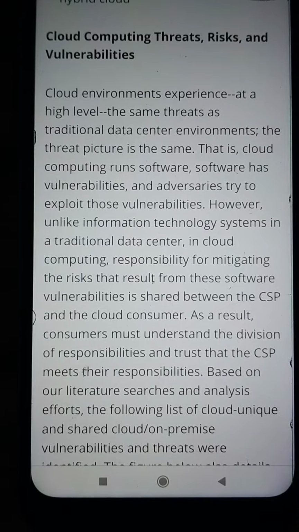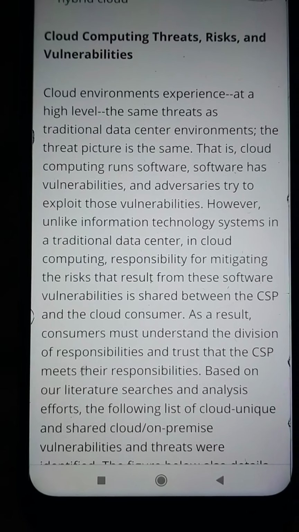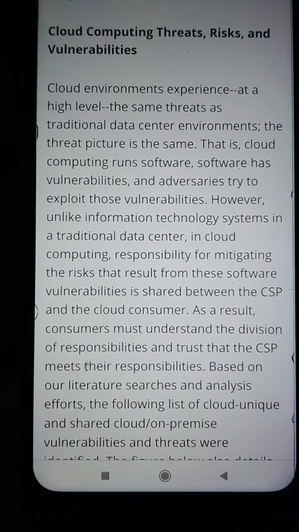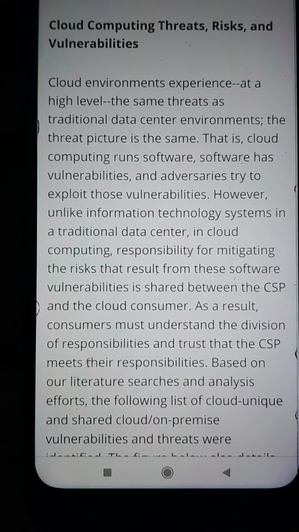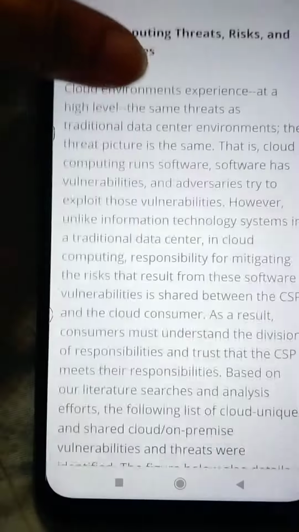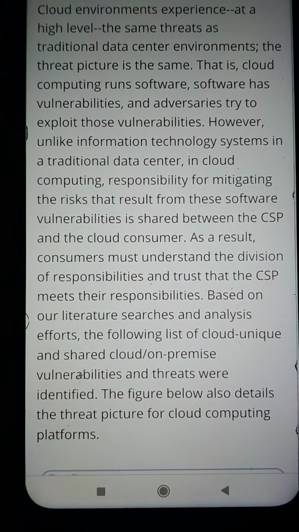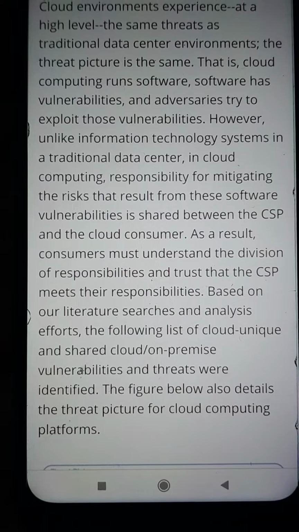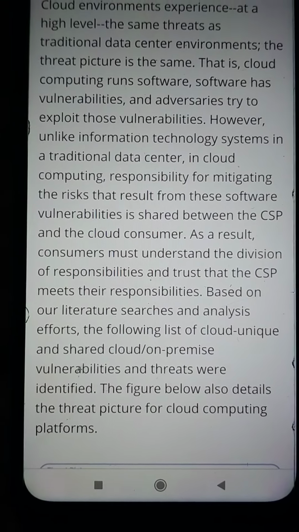However, unlike information technology systems in a traditional data center, in cloud computing, responsibility for mitigating the risks that result from these software vulnerabilities is shared between the CSP and the cloud consumer. As a result, consumers must understand the division of responsibility and trust that the CSP meets their responsibilities.